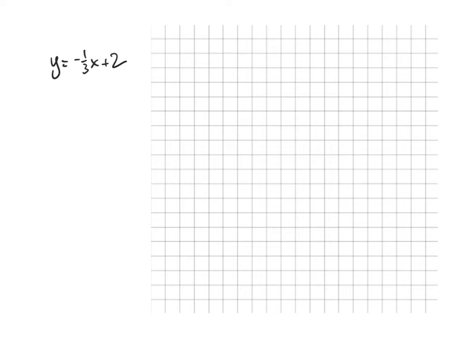Just as a reminder, the three methods that we have: Method 1 is using the x and the y intercepts. You told me in class today that you preferred that method, and I certainly understand why. Method 2 is the slope and y-intercept method.